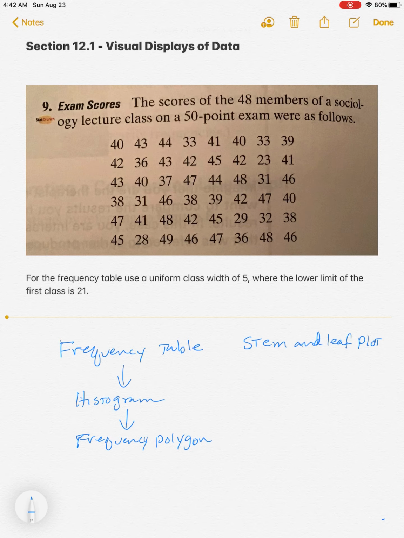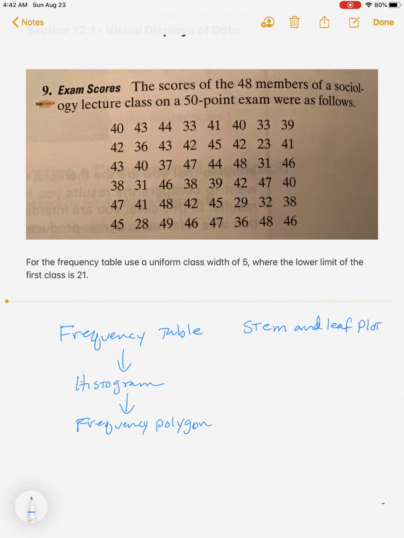So what I did is I pulled example number 9 from our book, and it has the 48 scores on a 50-point exam from a sociology lecture. As we talk about the very first one, let's talk about frequency tables.